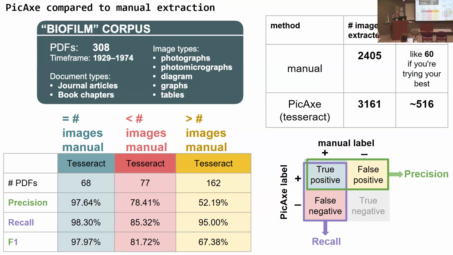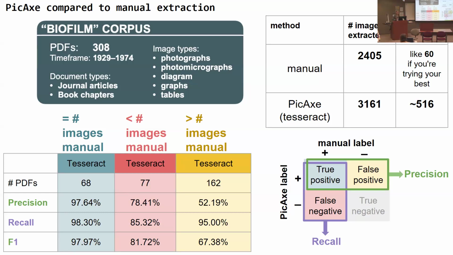That corpus represents an early history of the microbial biofilm concept in the 20th century, and that's what I did my dissertation on, which is why I had this whole corpus manually extracted because of the work that I did, without having a tool like this. And so when you do the extraction manually or by hand, you get around 2,400 images, and if you're trying your best, you can extract like 60 images per hour.